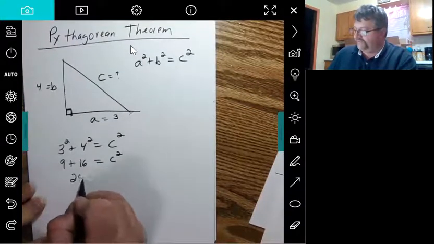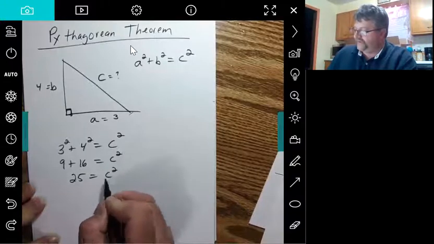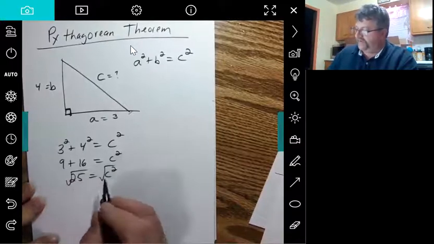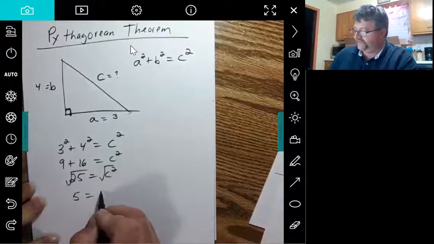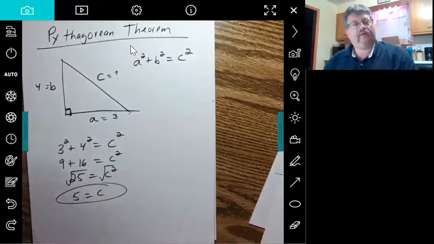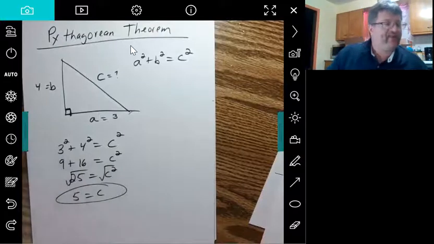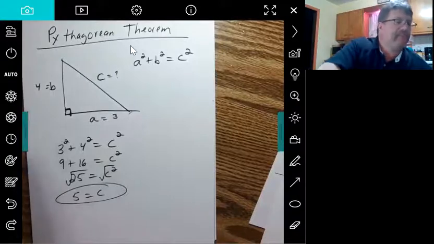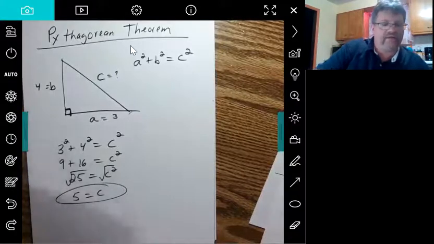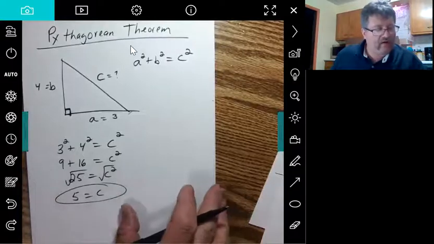So 25 equals C squared. I square root both sides and I get C equals 5. Okay. I can use this to find any missing side that I want out there. Okay, what about, now what about this one?